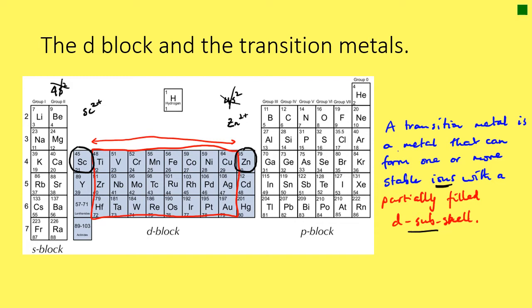So let's just unpick that a little bit for you. So we're talking about ions here. When the ions are formed, they still have a partially filled D subshell. That's what defines a transition metal.